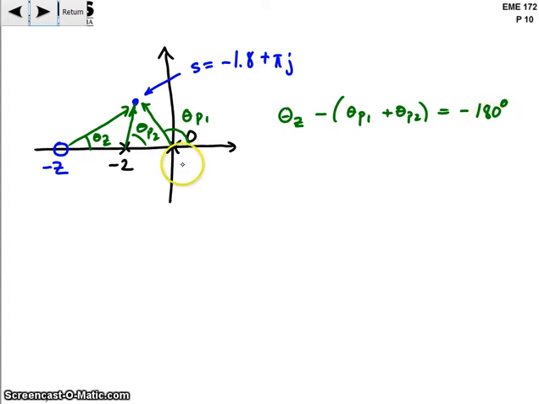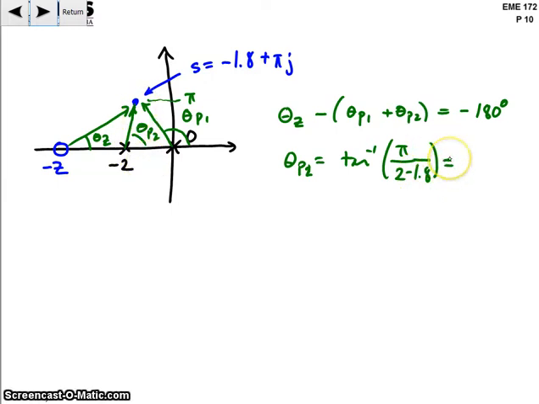And we can calculate theta p1 and theta p2. Theta p2 is equal to arctangent of pi over 2 minus 1.8. The imaginary part here is pi, and the real part here is 2 minus 1.8.